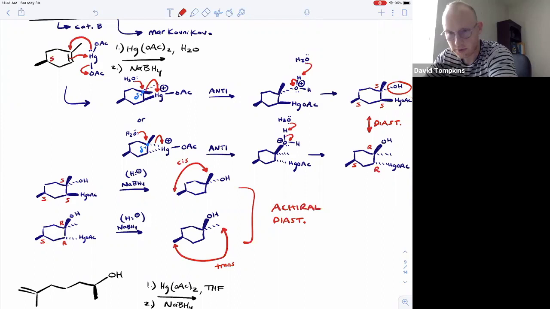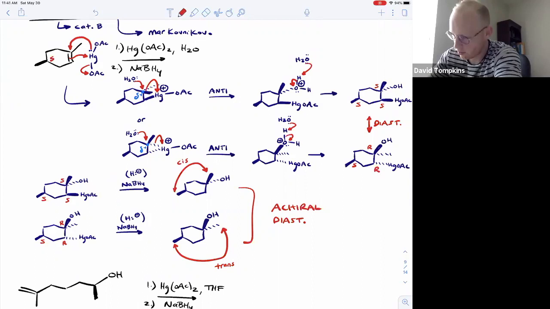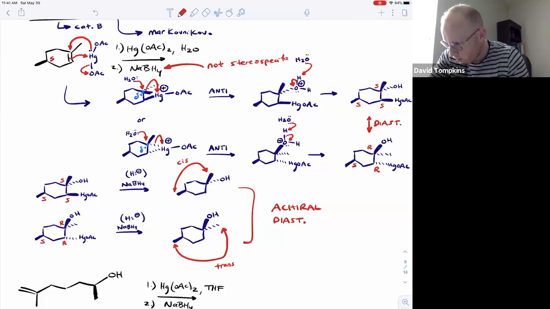But after you reduce off mercury with this reducing agent, sodium borohydride, it is going to completely erase any memory of where mercury was on the product. And therefore, we lose that anti-stereospecificity, or the second step is not stereospecific, although the first step was an anti-addition.